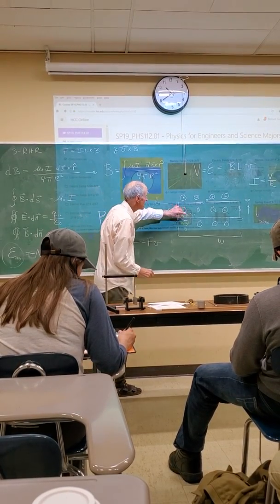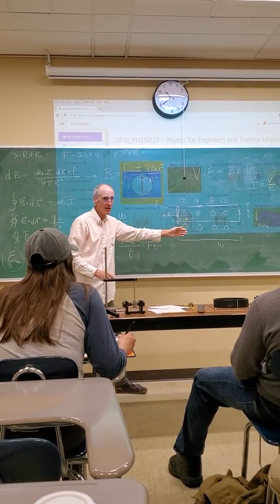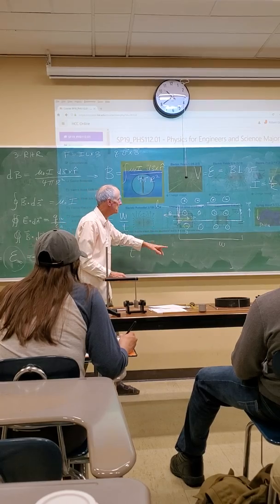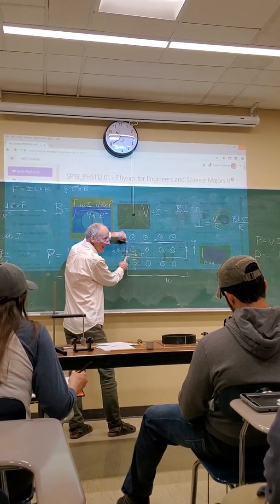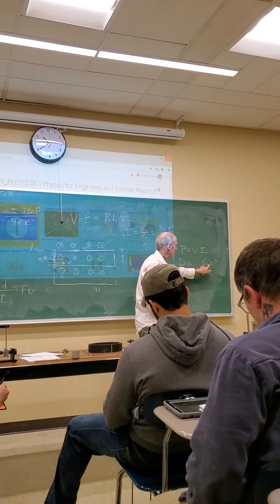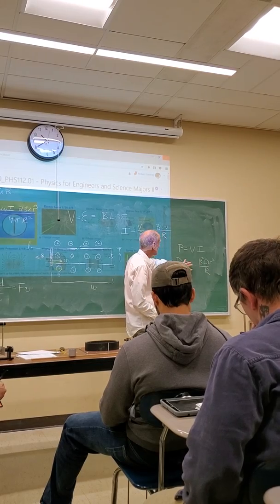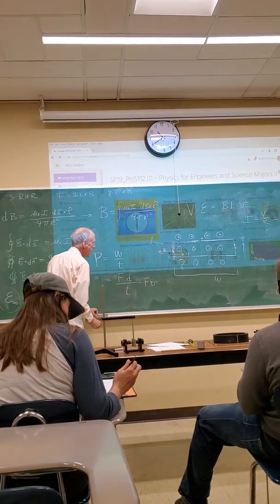These are all numbers that are given, right? You're given the field strength, you're given the velocity at which you push it, and you have to be given the length. From that, you can calculate the electric power output and the power input.